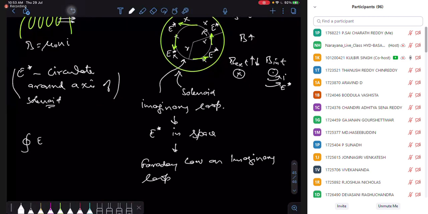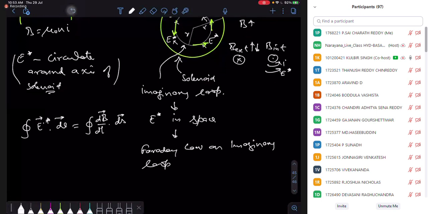If I apply Faraday's law on this imaginary loop, assuming that my E star is circular, then this side I'm going to have the rate of change of magnetic field into my area, right? As a special case, okay, the general formula is not in our syllabus.